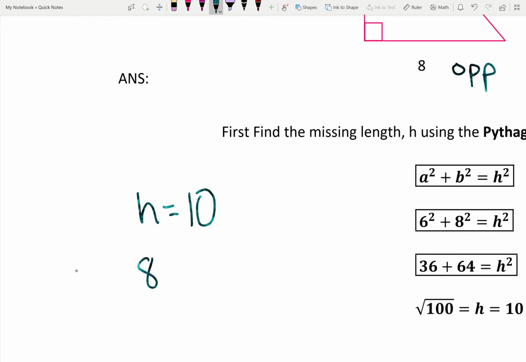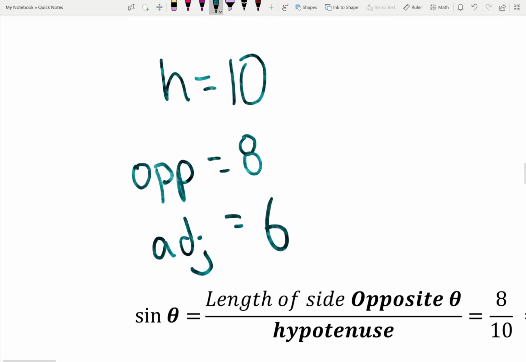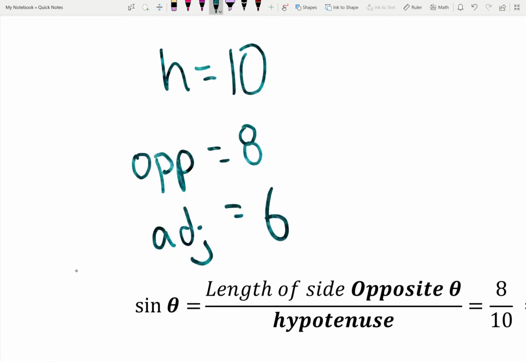8 is the opposite. Maybe I'll write it the other way around. Opposite is 8, and 6 is the adjacent. Okay, so remember, sine is equal to opposite over hypotenuse, right?